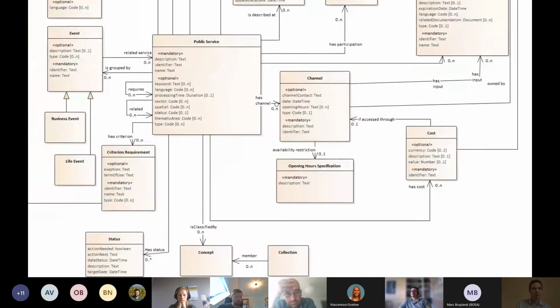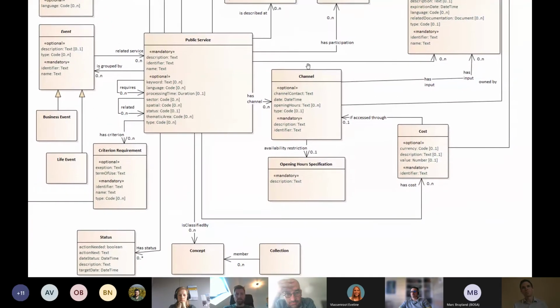And finally, before we dive into it, a public service can be accessed through different channels. A channel must be understood as a medium through which you access or interact between agents related to this specific public service. For example, it can be a phone, it can be a physical place where you go, for example, to the city hall.